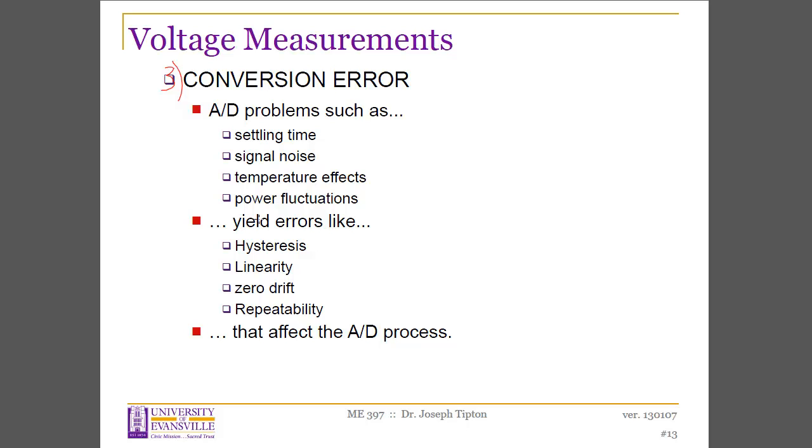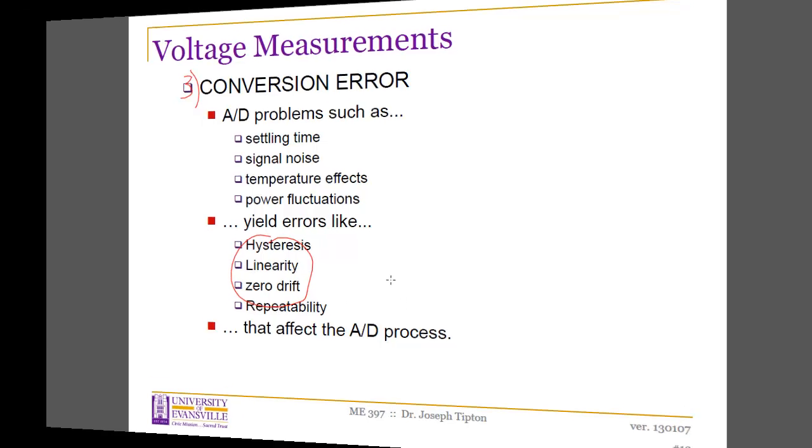All those things can combine to yield errors such as hysteresis, linearity, zero drift, and repeatability that we talked about last week. All those things affect the A to D process, and so the manufacturer will include those in specifying an accuracy for the system. So you have resolution and then also other sources of error together that must be combined.